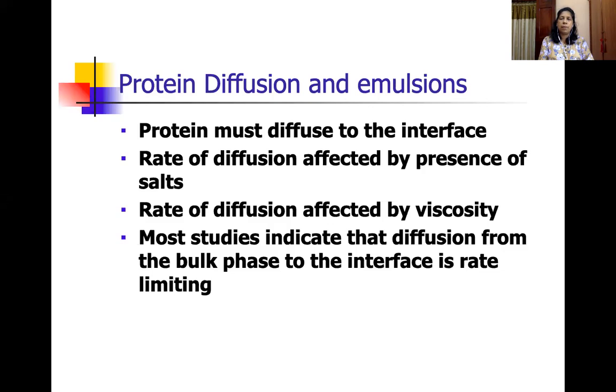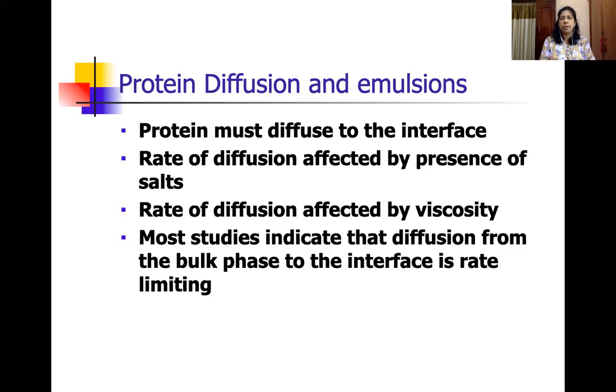The rate of diffusion is also affected by viscosity. If you go to a wedding, you can see different types of salad dressings, and those are affected by viscosity, and most salad dressings are thick, with high viscosity.